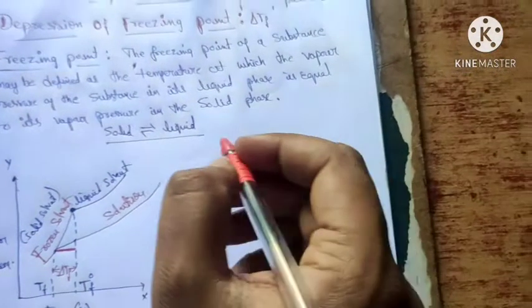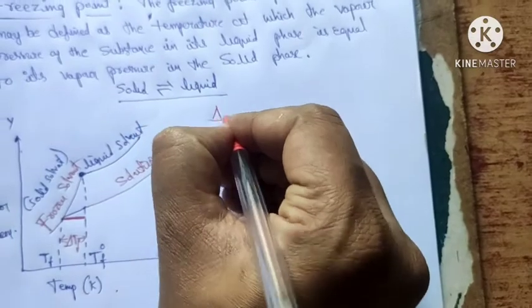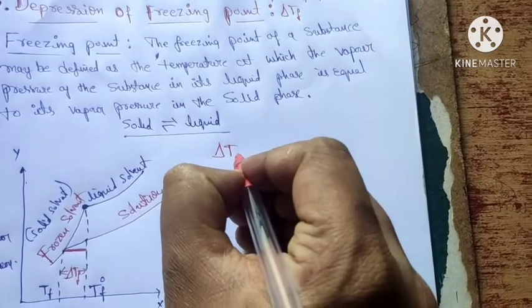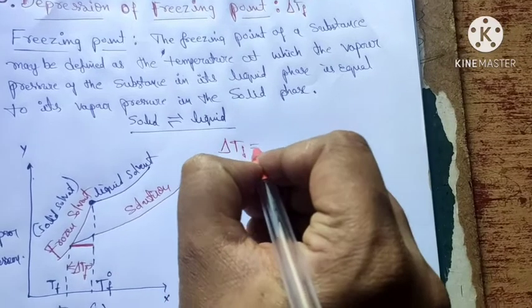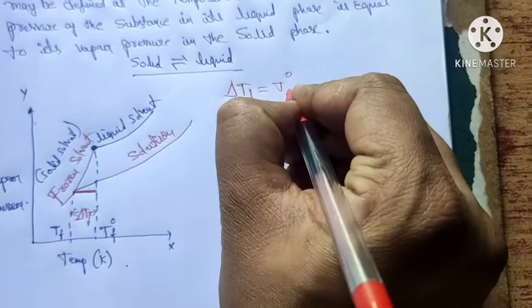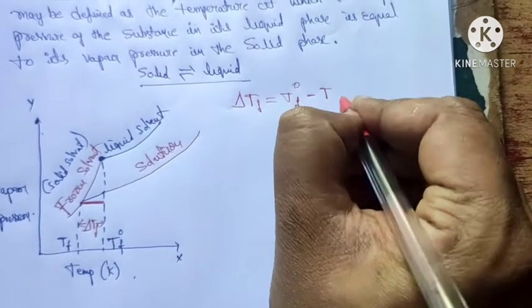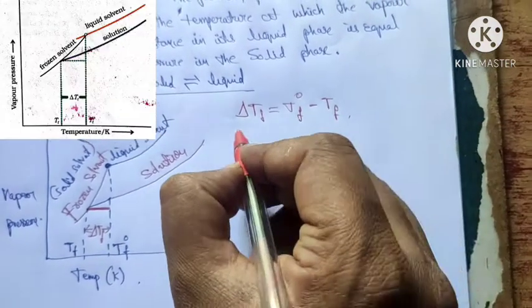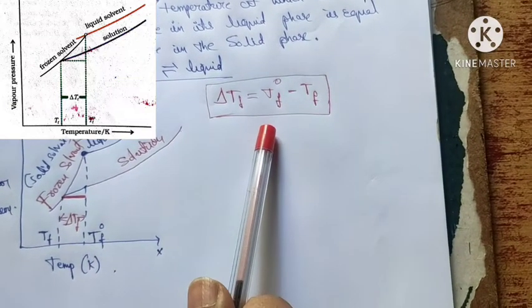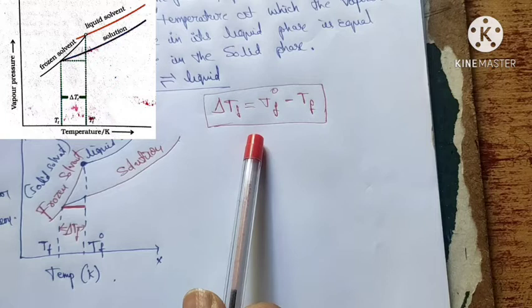Okay, now going to the definition of depression of freezing point. Delta TF is equal to, what do you write? This is a large value. They make T naught F minus TF. So now you go into the definition of this delta TF.